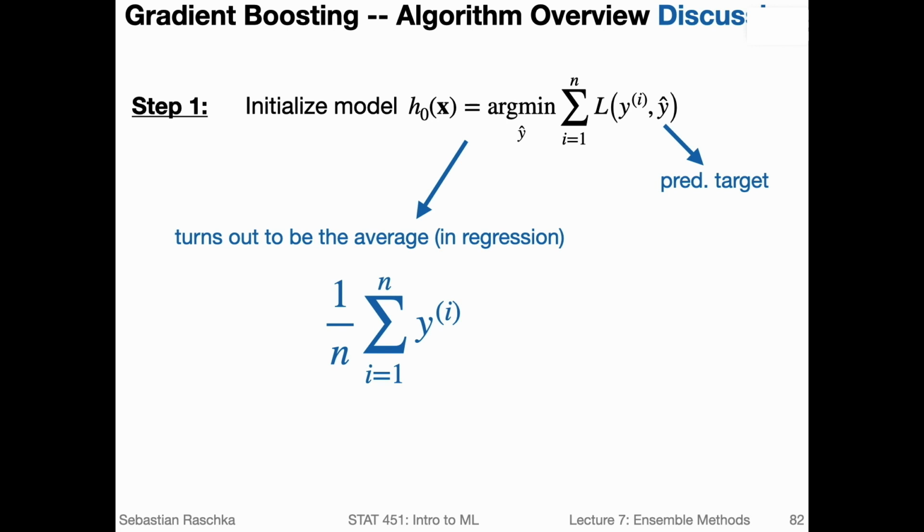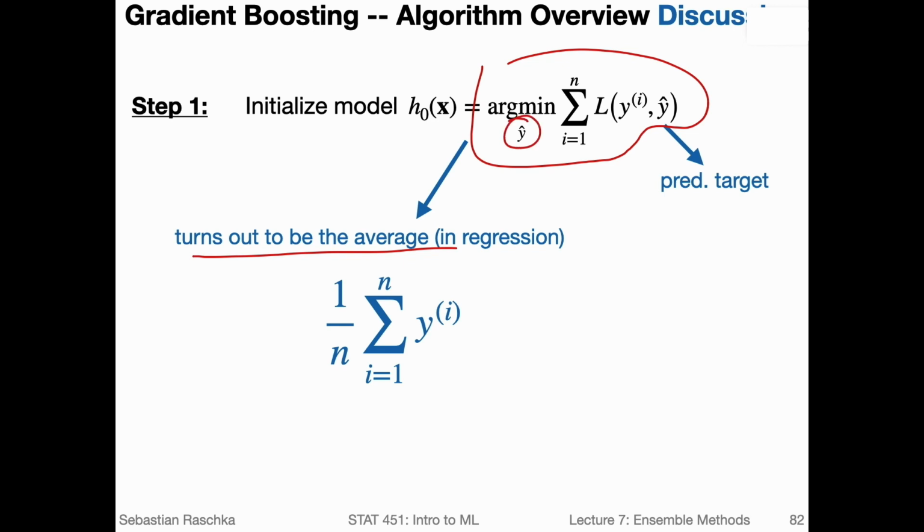So what else do we have here to discuss? Again, like I talked about before in step 1 when we talked about this minimization step here, this expression is minimum if we just use the average in regression. So if we compute the average at a given node, we minimize this term.